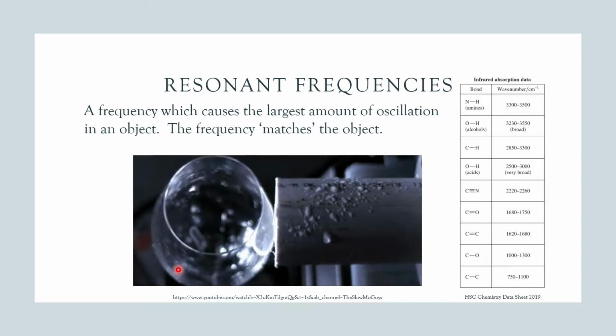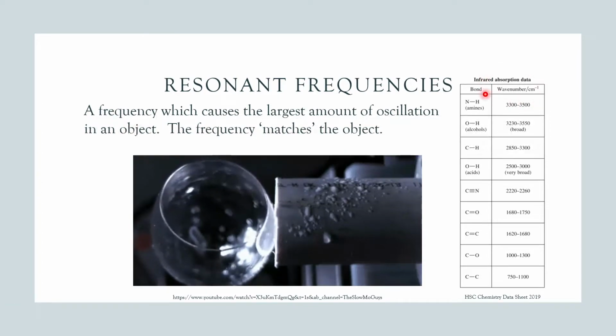Similarly, we can have matching objects where our objects are the different kinds of bonds that we see in organic substances. So for example, bonds between carbons will resonate with a different set of infrared waves compared to the oxygen-hydrogen bonds in an alcohol. You'll notice here that all of these numbers are measured in what we call a wave number.